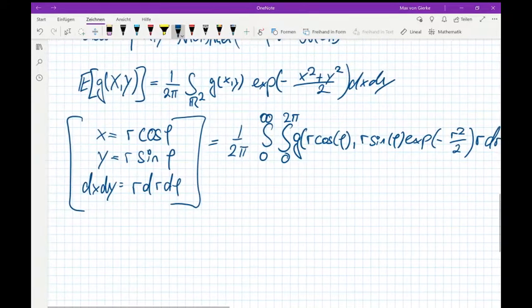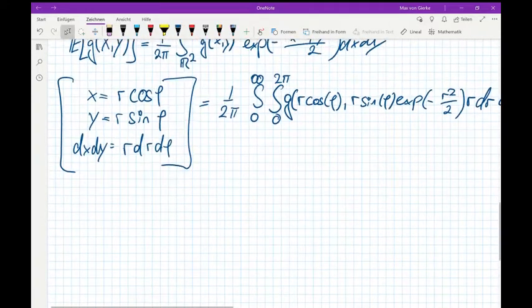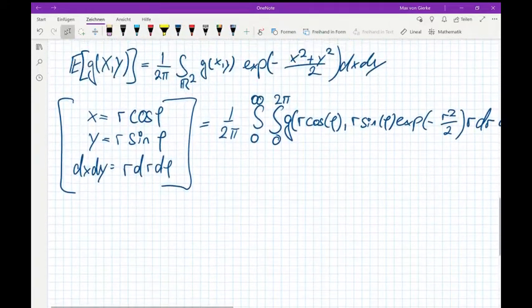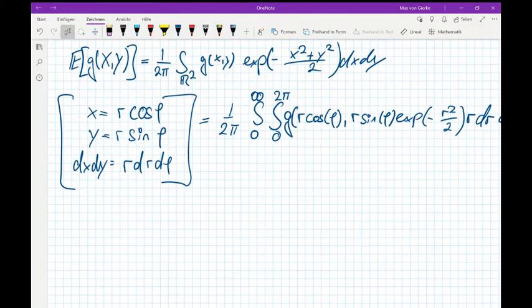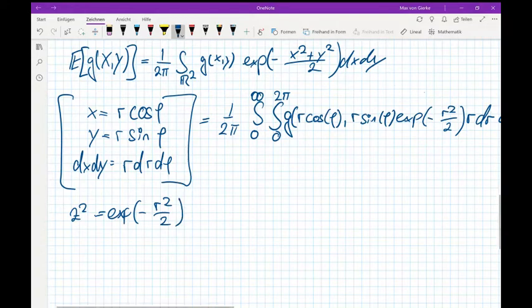Well, what we're doing now is we are making a substitution to make life a bit easier. What do we substitute? z is now the exponential of minus r squared over 2. So we just want to get rid of this part.